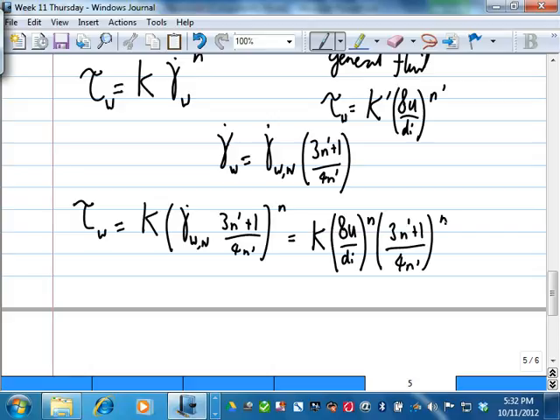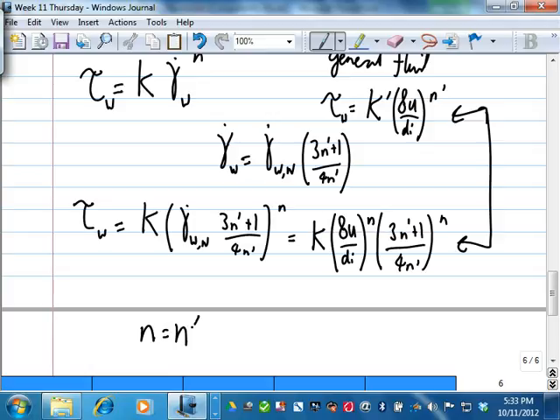First, you compare these two expressions. They compare well. So basically, this must equal to this. First of all, n is equal to n prime already.